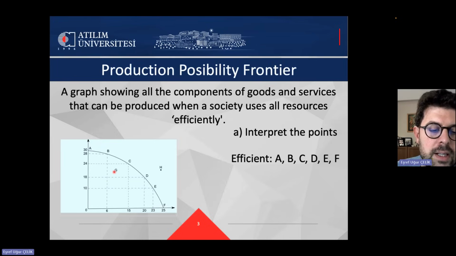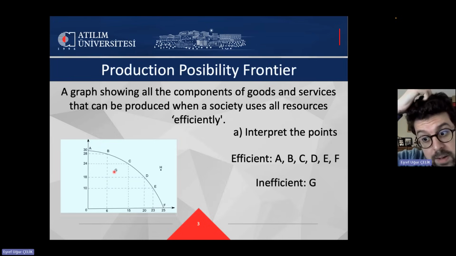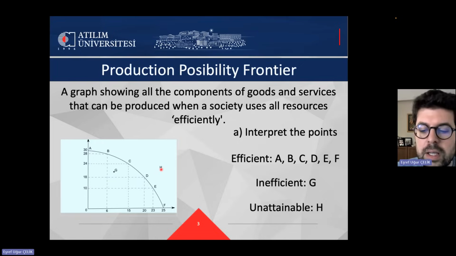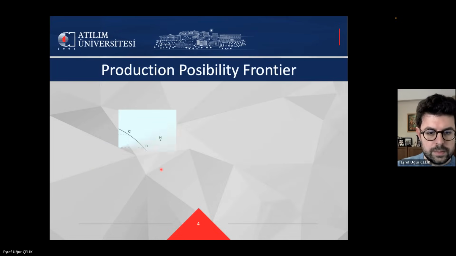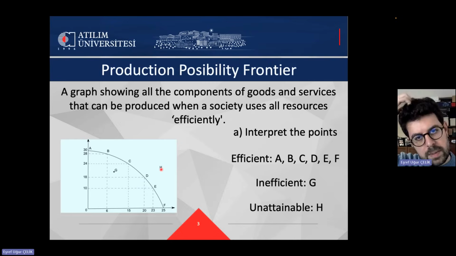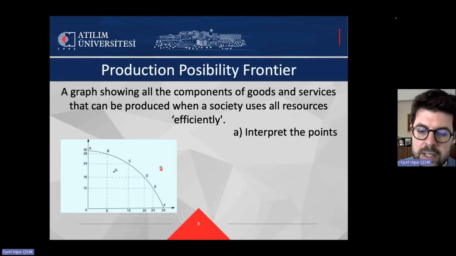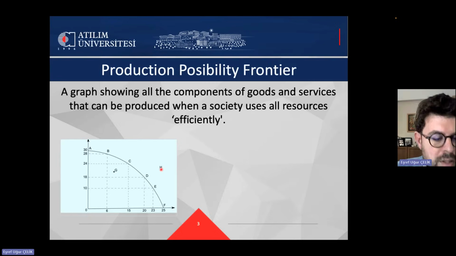If you are inside the PPF, that is called inefficient. If you are outside, that is unattainable. I'm not going to write over here, but maybe I'm going to ask a question over here.